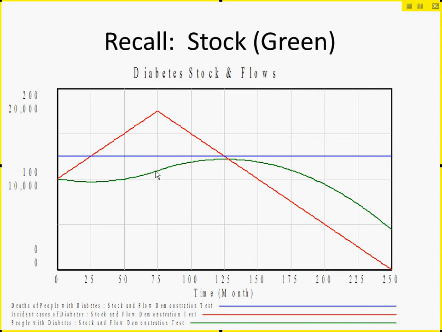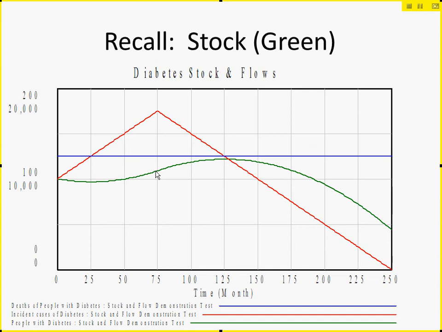Why do I say just one possible path? Why isn't that the path? What information is lacking from my description of blue as outflow, red as inflow, and what information is lacking to know exactly what trajectory that stock takes over time?